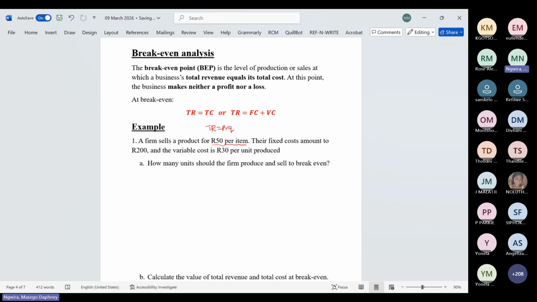Then there are fixed costs, FC, and FC is 200.